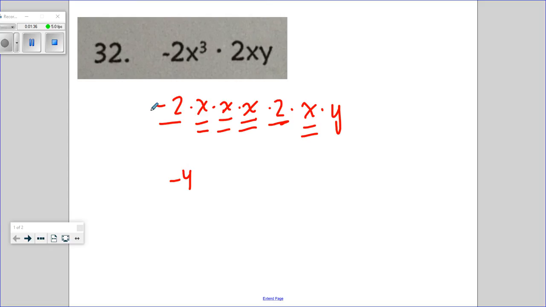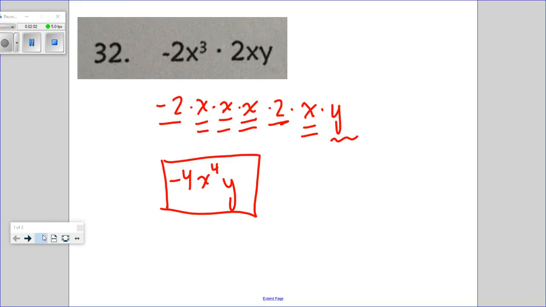That's x times itself 4 times, so that's x to the fourth power. And what I'm left with, I'll do a squiggly underline, is times y. So you have negative 4 times x to the fourth times y.